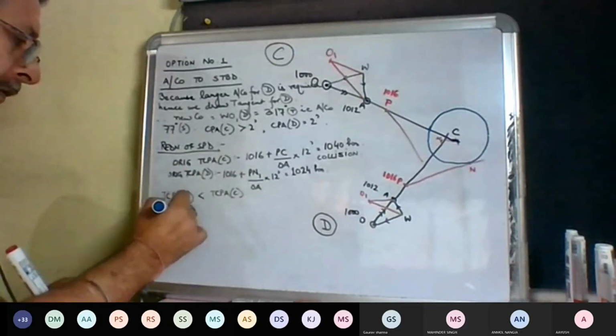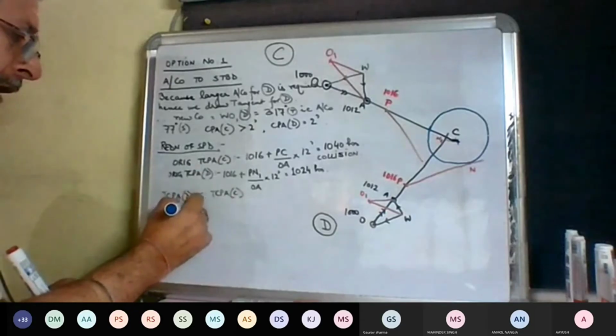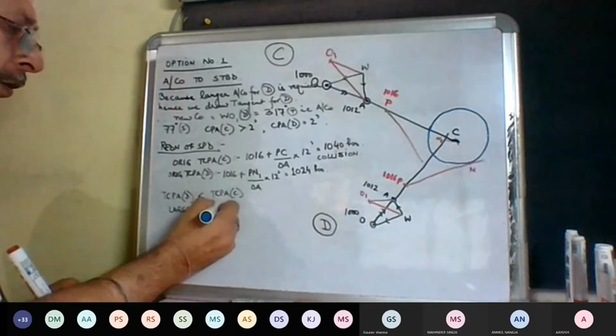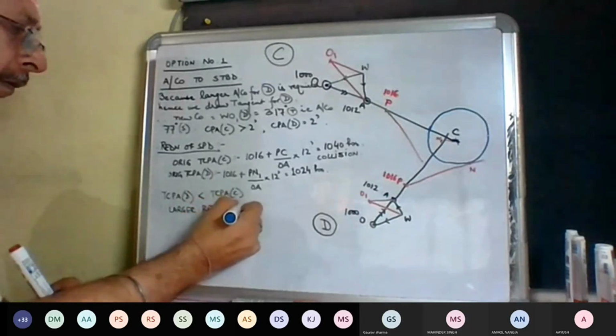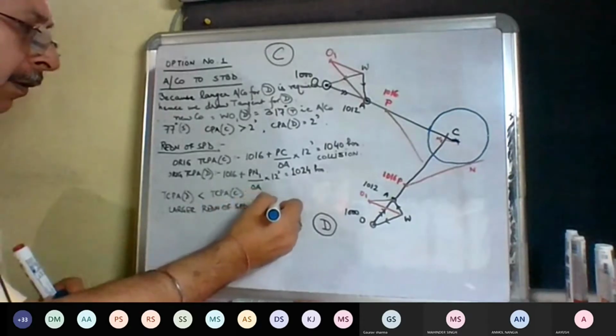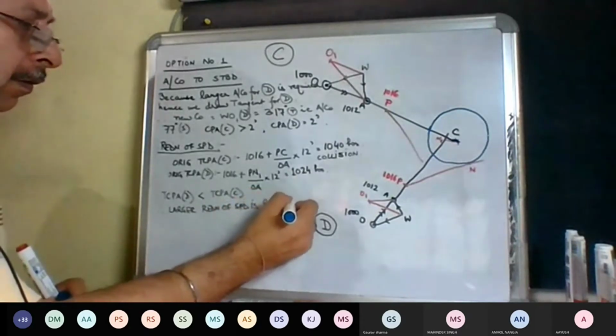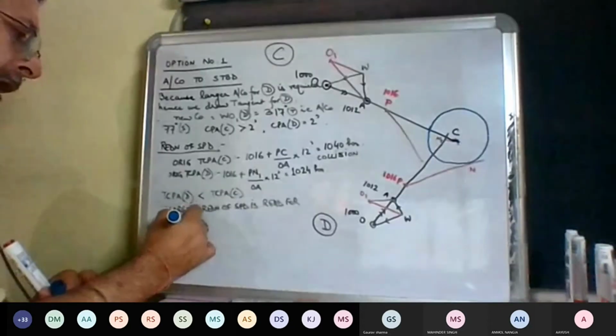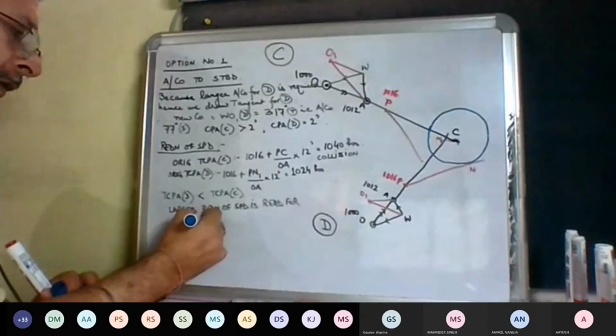Therefore, larger reduction of speed is required for delta than Charlie.